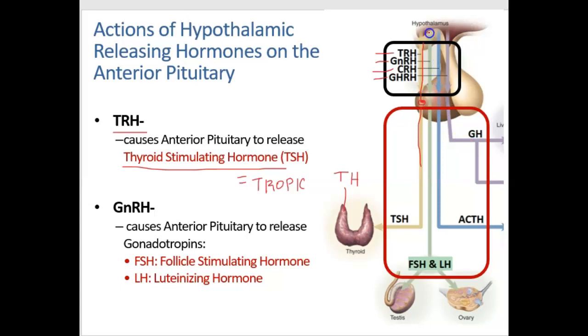Gonadotropin releasing hormone from the hypothalamus acts on the anterior pituitary, and in response the anterior pituitary makes 2 hormones, which are both gonadotropins, and their specific names are follicle stimulating hormone and luteinizing hormone. They are tropic.